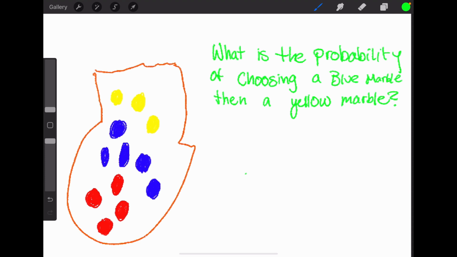Now let's move on to something a little more difficult. We have a question here that says, what is the probability of choosing a blue marble and then a yellow marble? So let's start off with the basics.